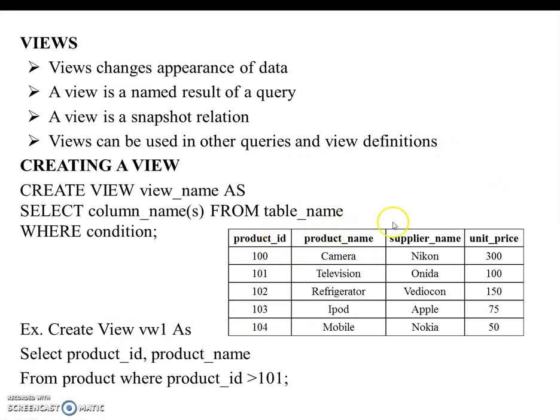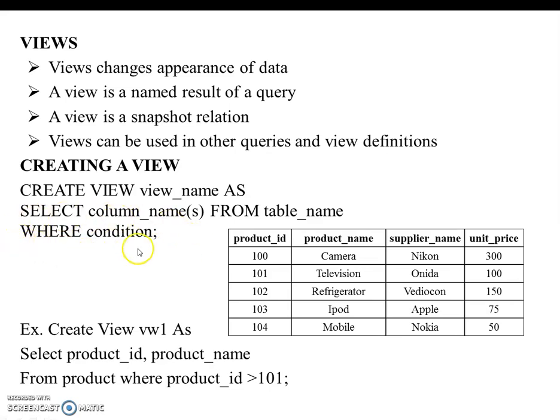Within this product table, I will take just 2 columns for which I want to create a view. So let us go for the syntax to create a view. The syntax is create view, view name, as select column name or column names from table name where condition.